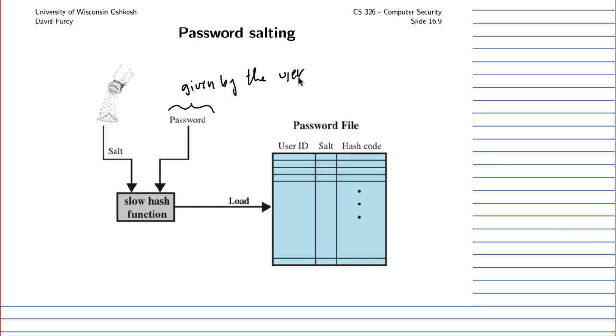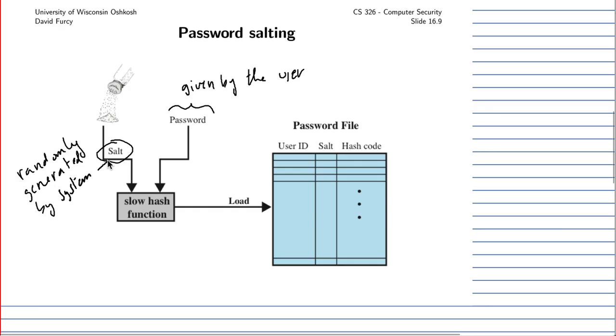At that time, the system is going to randomly generate the salt value. Okay, this is a random bit string of a fixed length.